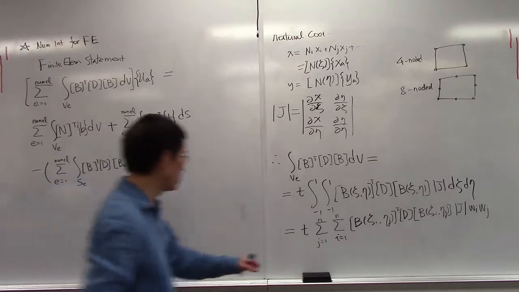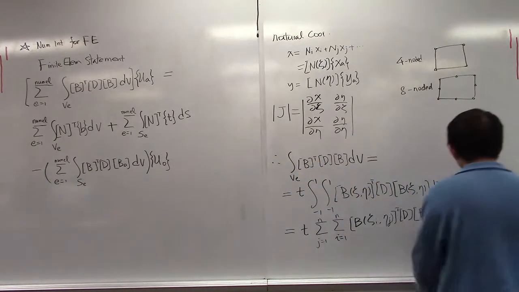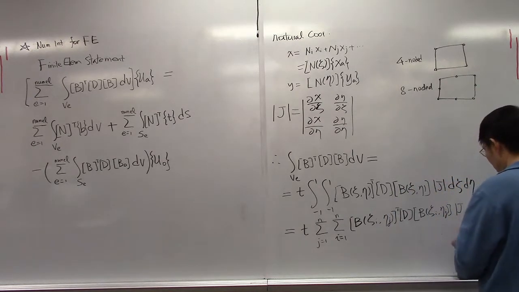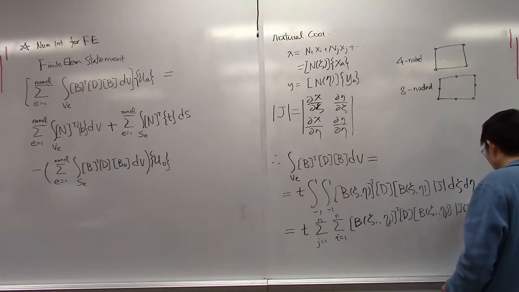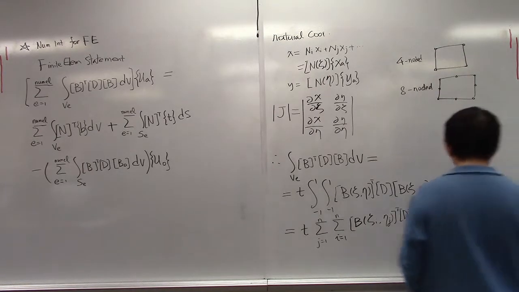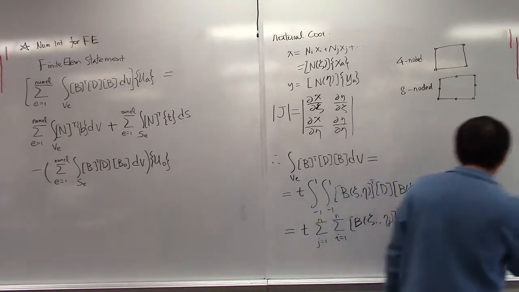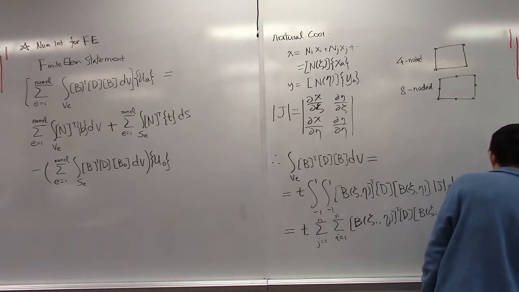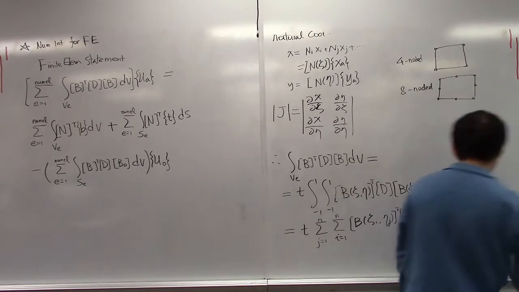And in principle, the Jacobian may also be a function of theta and eta. So let's put theta i, eta j here, to indicate that dependency. Okay? And then don't forget the weight, which is Wi and Wj.